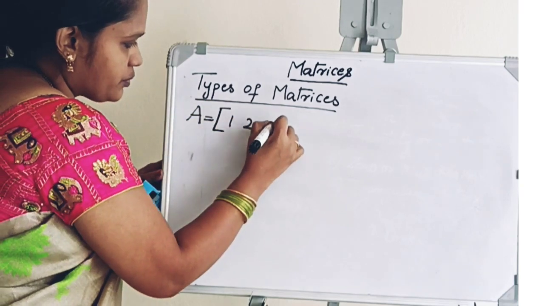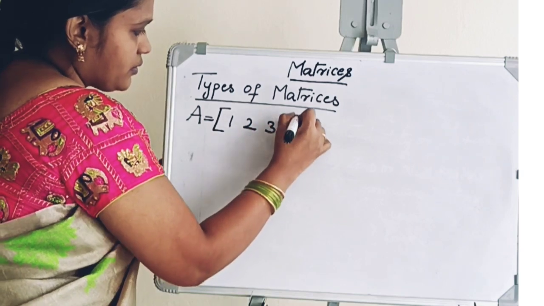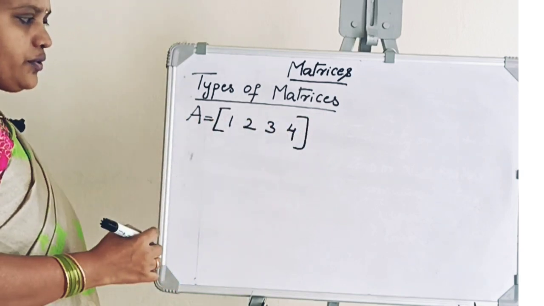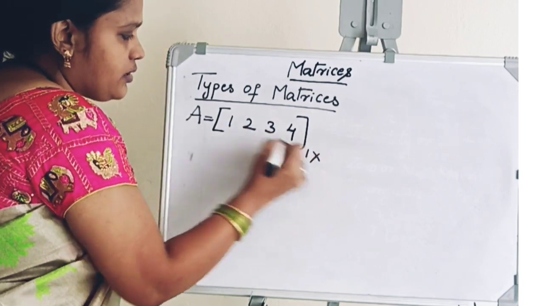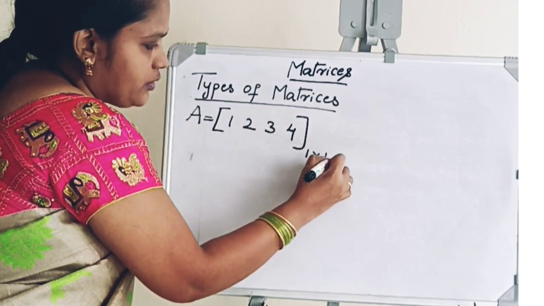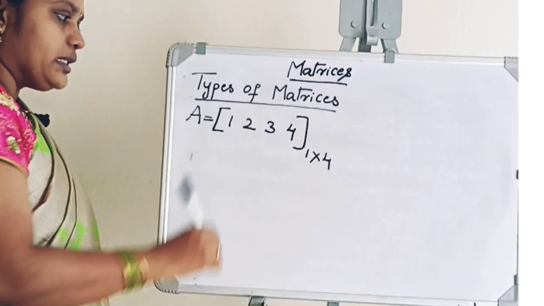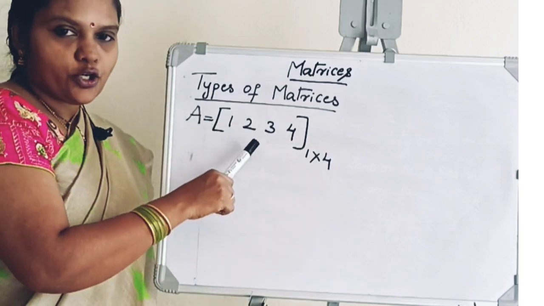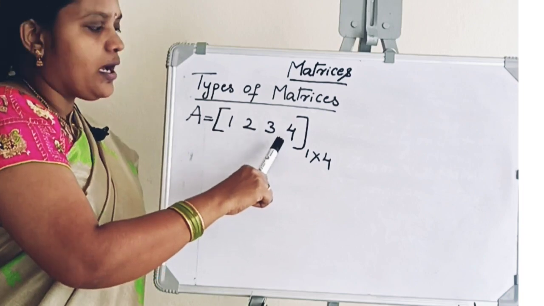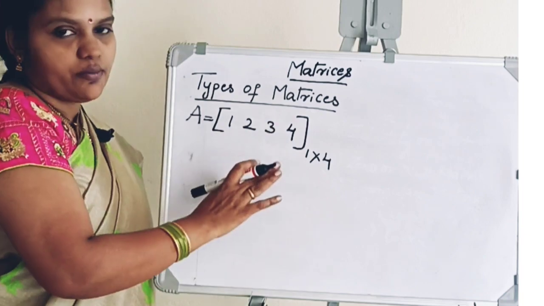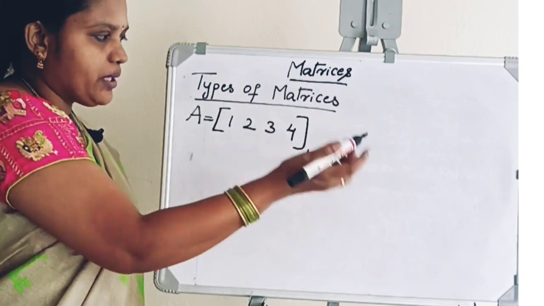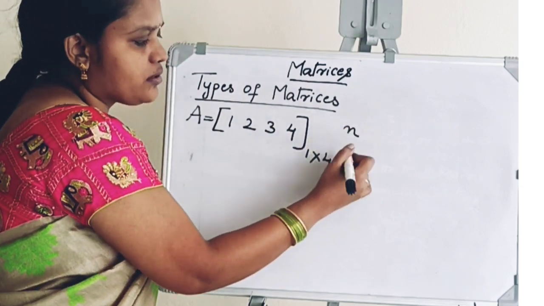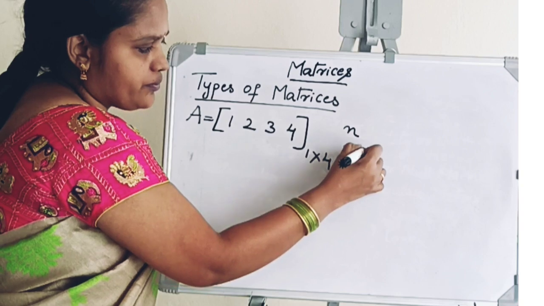One, two, three, four. So here we have only one row and 1, 2, 3, 4, 4 columns. Matrix which consists of only one row and n number of columns. It may be 4 columns or it may be 5 columns and so on, or it may be n columns in generalized form.